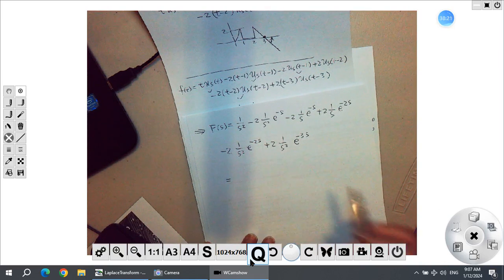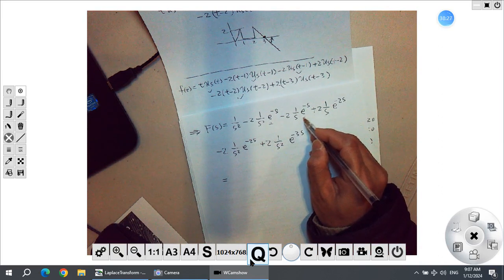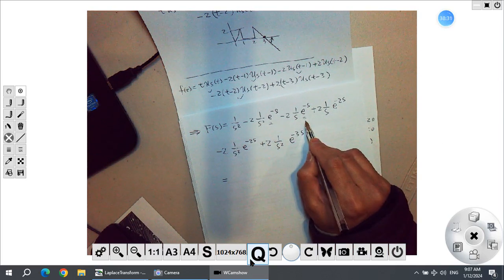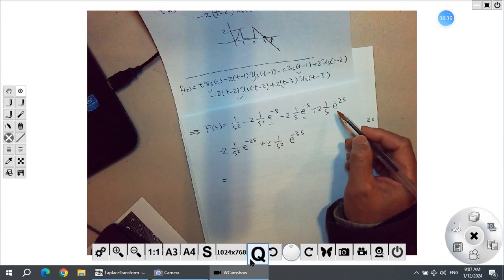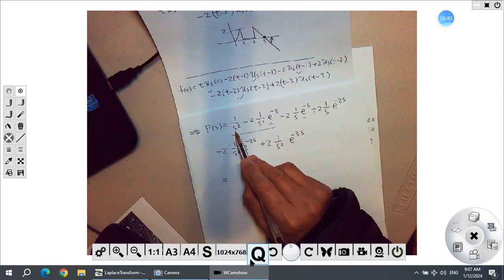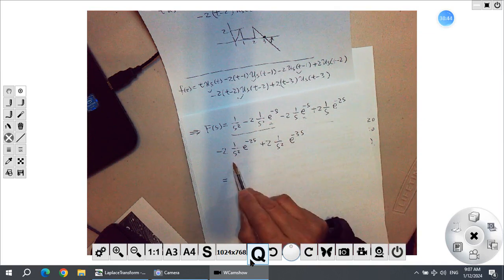Okay, each term is different. Yeah, we have some terms that both contain e to the negative s, so I can combine these together. You can also consider a different way. Like you can combine these two together, s squared. Oh, this is also s squared.